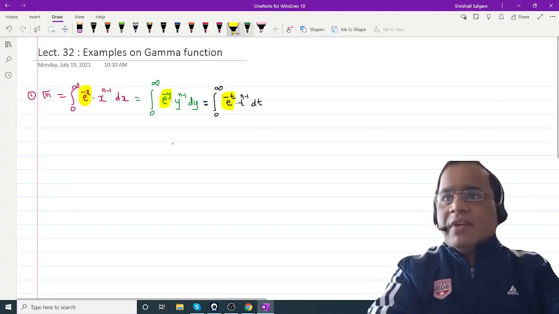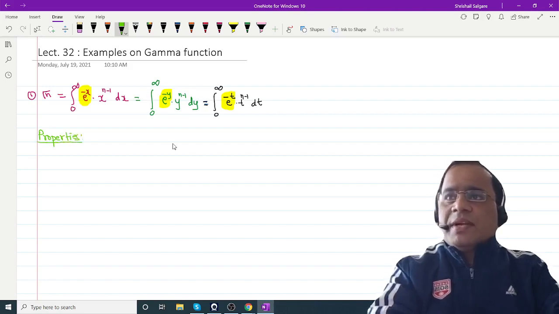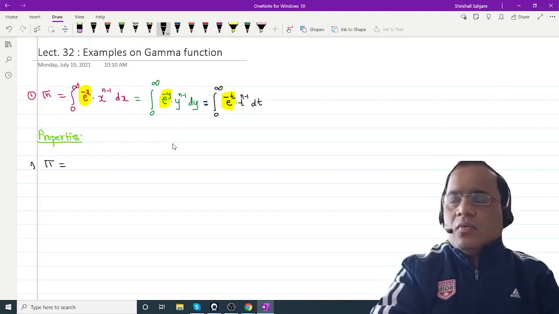Now can anyone recall the properties? We have seen four properties of gamma function. Now the first property, what is the evaluation of gamma 1? Unmute and tell.